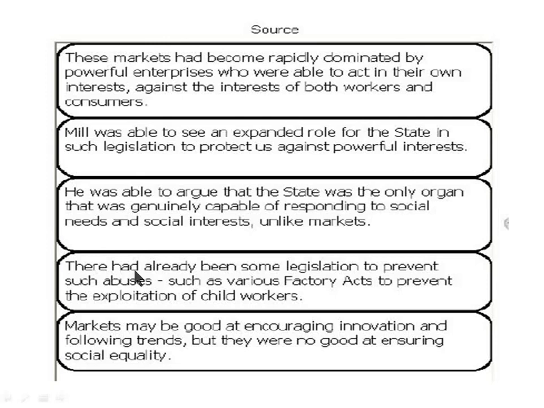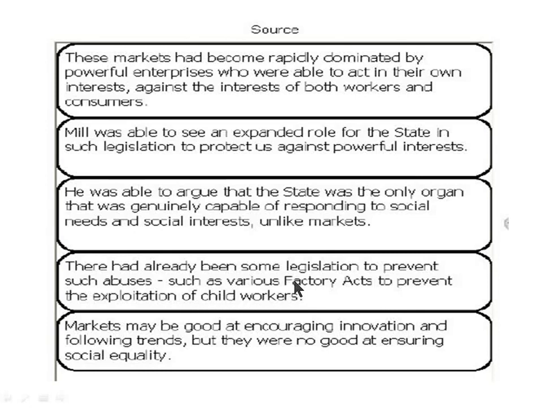Next is there had already been some legislation to prevent such abuses. In this paragraph they have talked about abuses, like they were able to act in their own interests against the interests of both workers and consumers. So these are abuses. There had already been some legislation to prevent such abuses, such as various factory acts to prevent the exploitation of child workers.